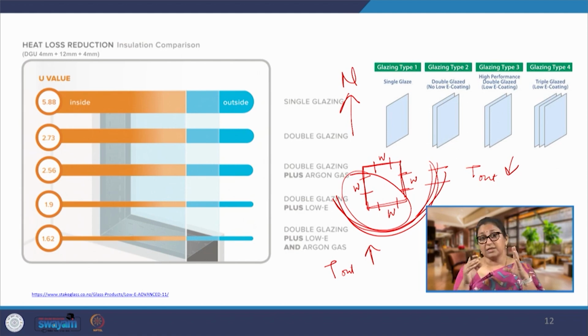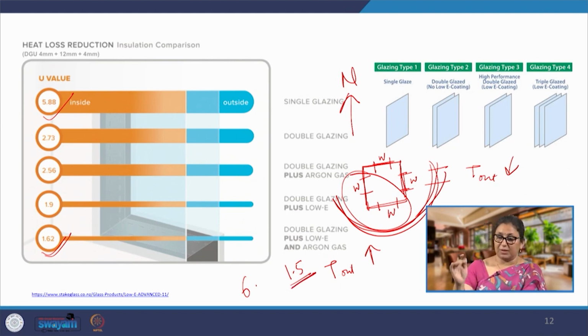Now, I have to select a glass. There is a glass of 6 U value and there is a glass of say 1.5 U value. I select and I replace all my windows. Initially, I was having a U value of 6 for all my windows, and then I decided that I am going to replace all my windows with double glazed low-E windows which are having a U value of 1.5.